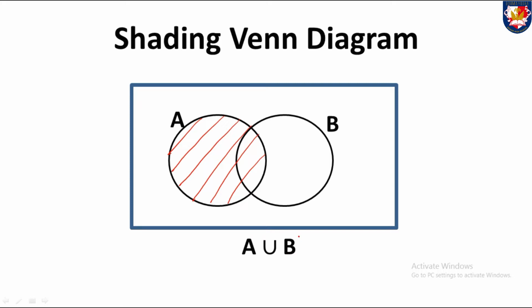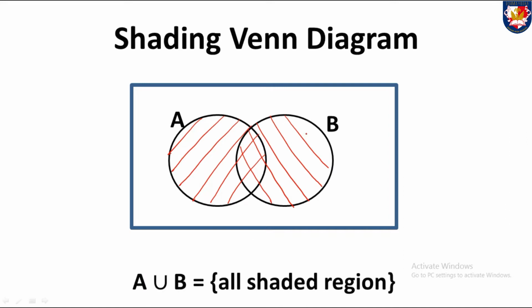And then there is set B. You need to shade all the region inside of set B. All the region. So which region is actually A union B? A union B, the region is all the shaded region. So all the shaded regions, that's what you call A union B.